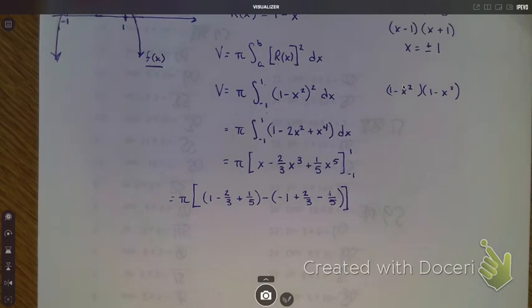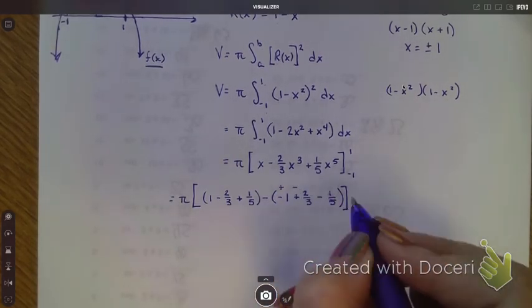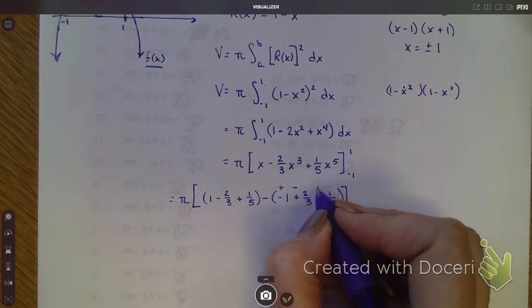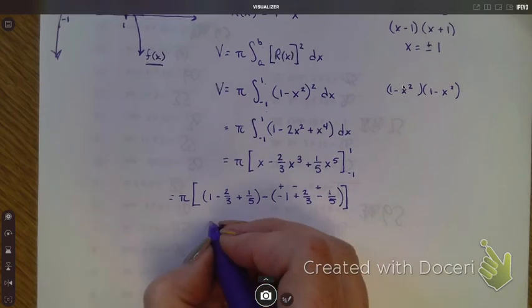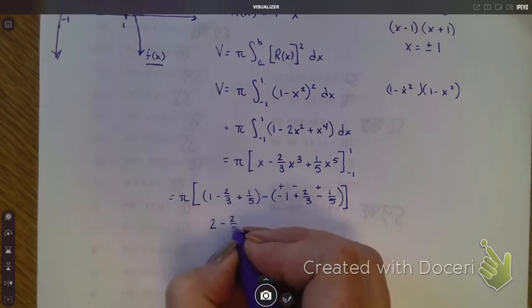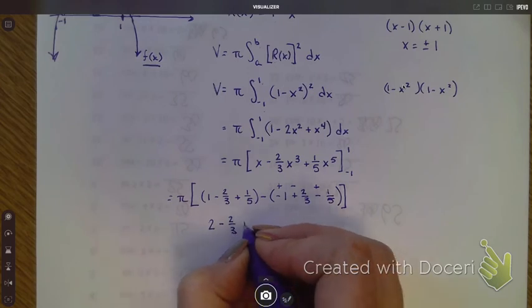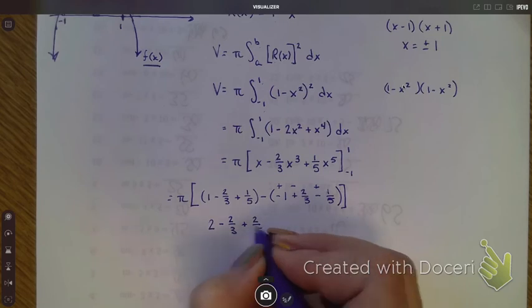So you guys get the same thing I did? Mm-hmm. So now I have to distribute the negative, right? So it makes this plus, minus, plus. So that would be 2 minus 2/3 plus 2/5.